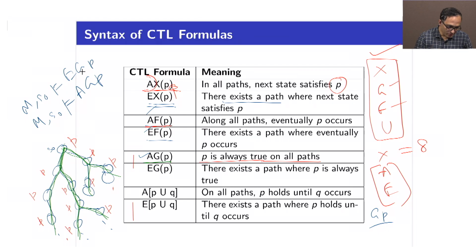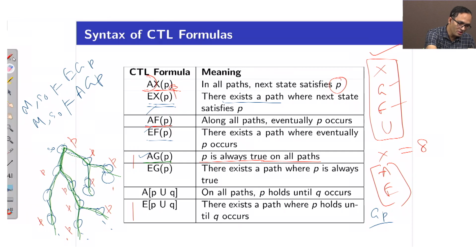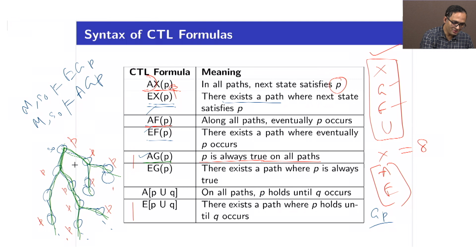Now, if I just remove one P from here, let us say I just remove this P, then this particular model does not satisfy this, because I found a path which is the path in which P does not hold globally, right. So, that means now if I just remove one P, I will say this is not true, but this is true, because I found one path in which P is always true, okay. Makes sense. So, we have understood AG and EG.